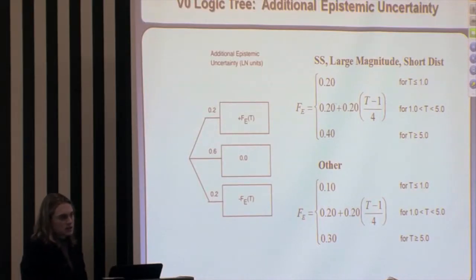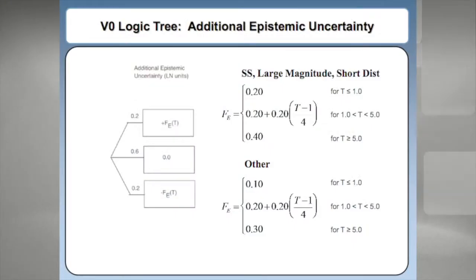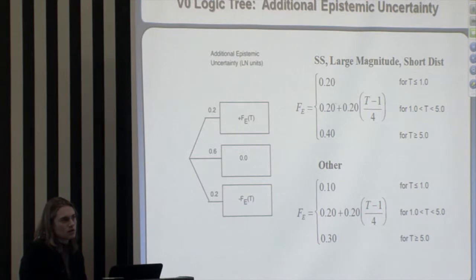This set of branches addresses the additional epistemic uncertainty that is added. So the idea behind adding additional epistemic uncertainty is that typically when you address epistemic uncertainty, you assign weights to alternative independent models. But the NGA models are not necessarily independent. They were developed as part of a collaborative effort, and they all started with the same initial database of earthquakes. So whenever using the NGA models, additional epistemic uncertainty should be applied.